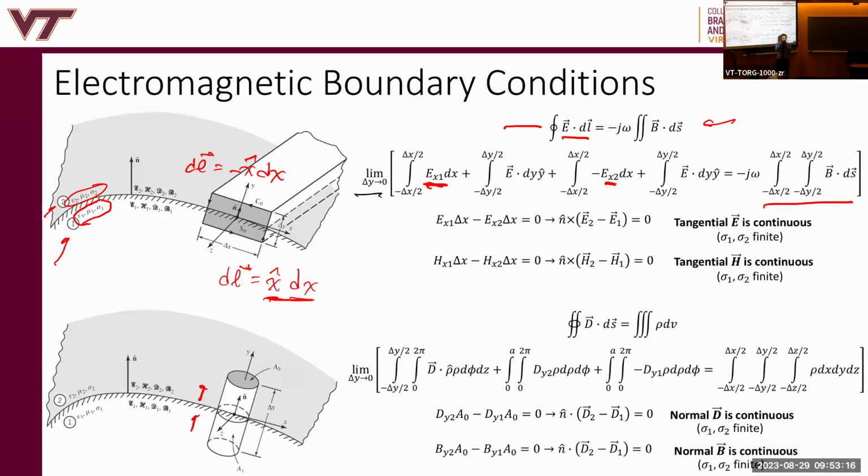Say this is the interface. Infinitesimally on the other side, E is different, right? It's 5 volts per meter, for example. Well, in this case, we're going to see they're the same, but it could be different, right? And we want to know how to understand or derive what is that discontinuity in the electric field as the wave travels through the interface.